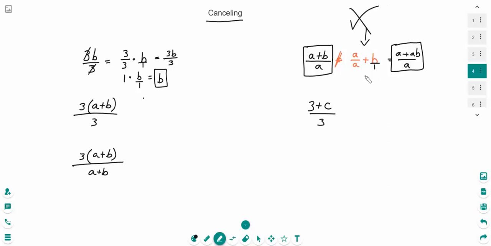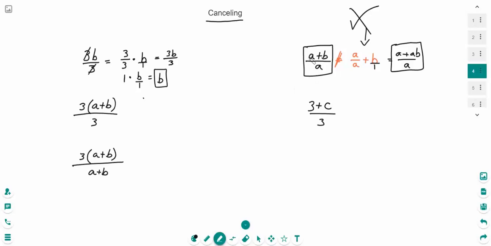And that is something that I really want you to remember, because it is a very common mistake that a lot of algebra students make. When we have addition in the numerator, we cannot, I repeat, cannot cancel out between the numerator and the denominator. It simply will not work.